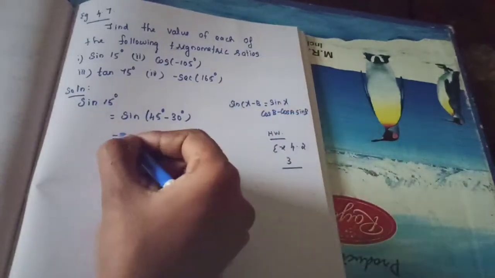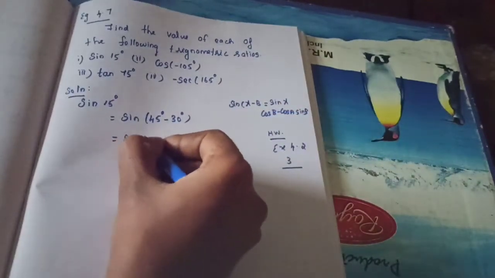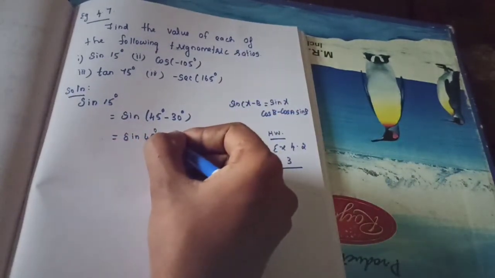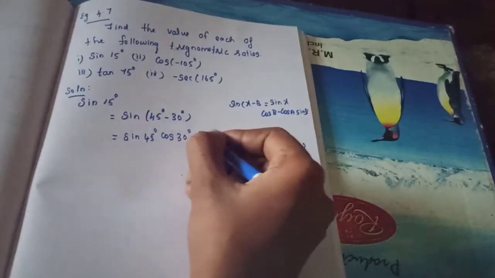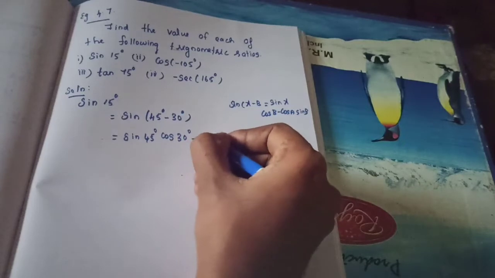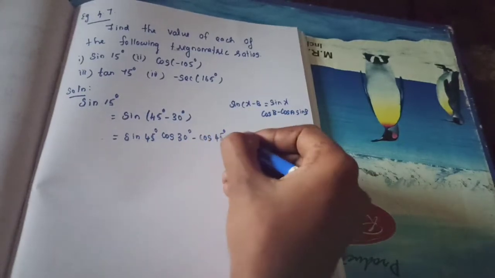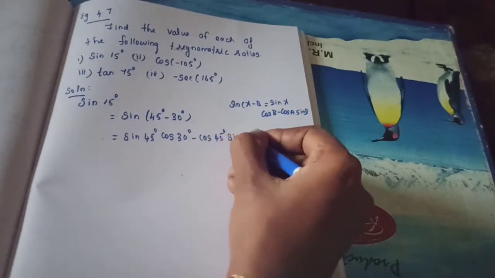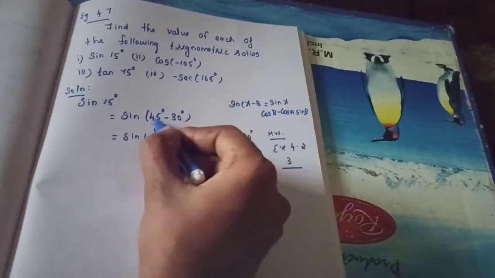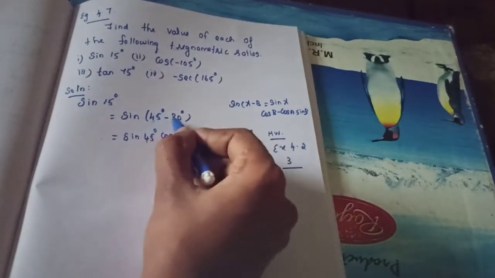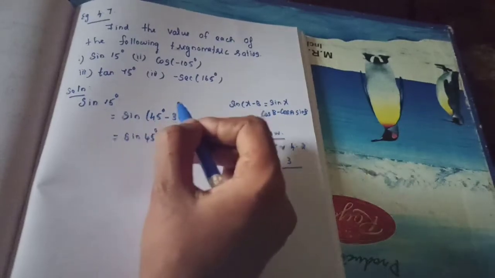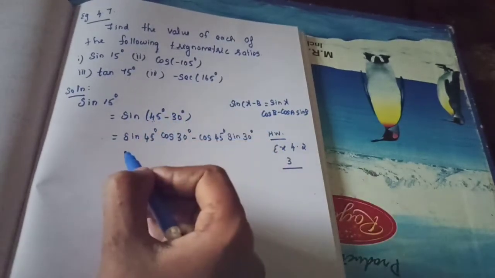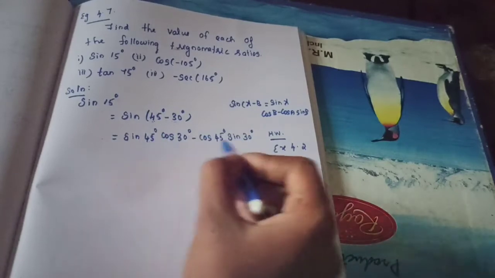So sine A means sine 45 degree, cos B means cos 30 degree, minus cos A means cos 45 degree, sine B means sine 30 degree. Understand? These two angles must be known angles. You know the 60 degree, 45 degree, 30 degree and 90 degree values. According to that, you split as A minus B or A plus B and substitute in the formula.